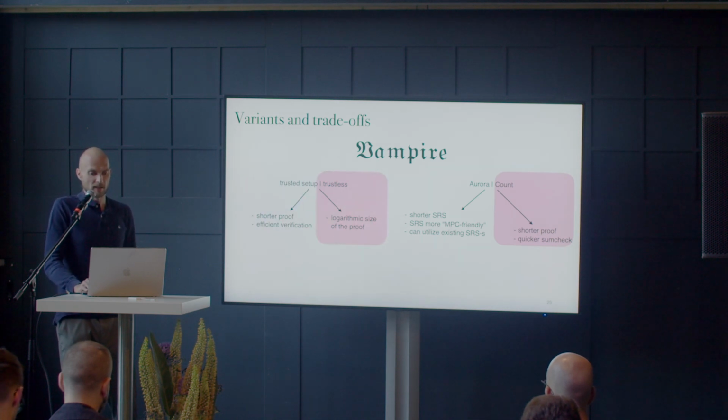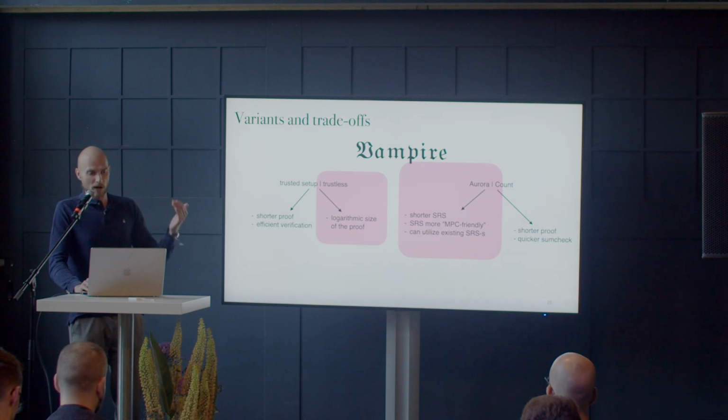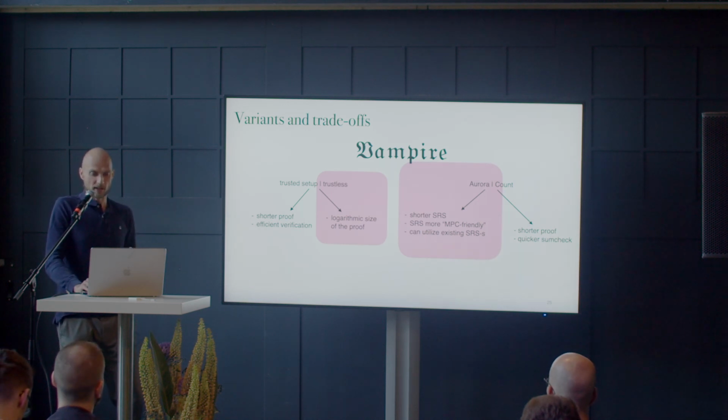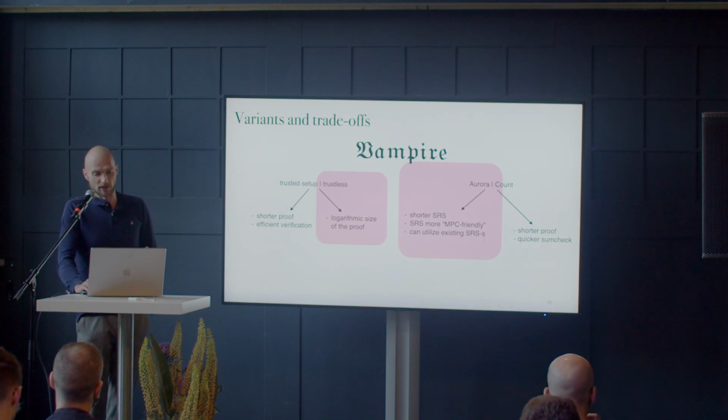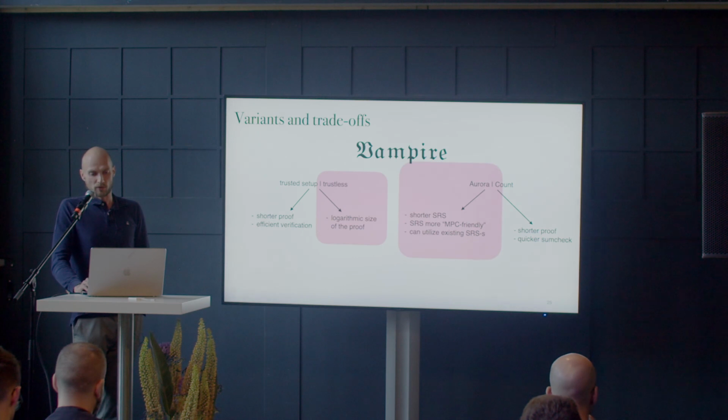On the other hand, we could use a transparent SNARK, which would blow up our proof size to logarithmic. The verification would also be more difficult, and we would need to use Aurora.